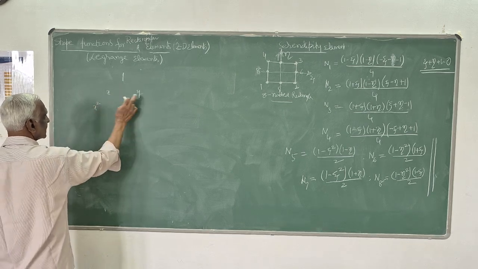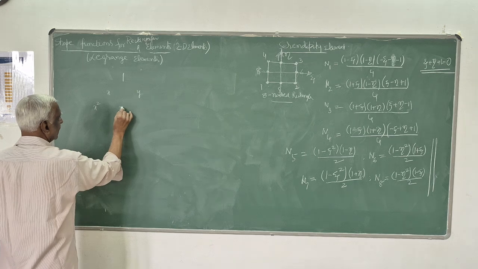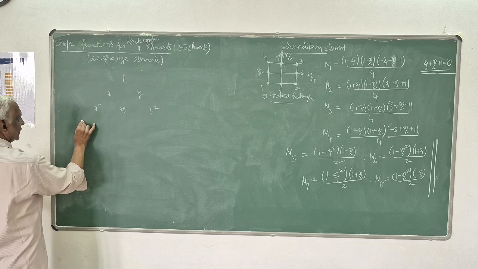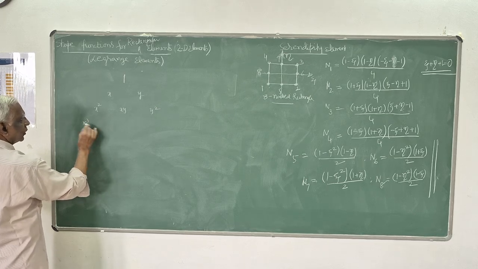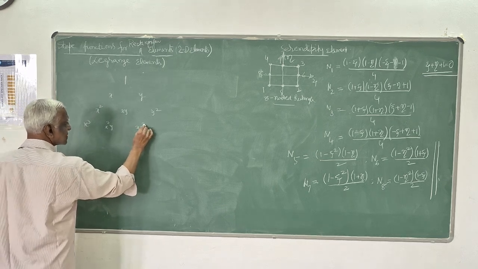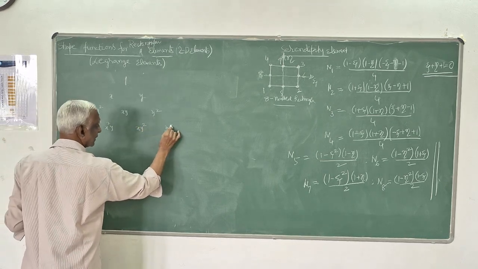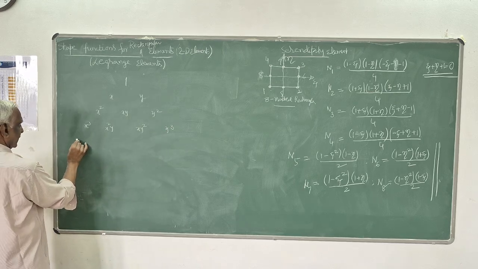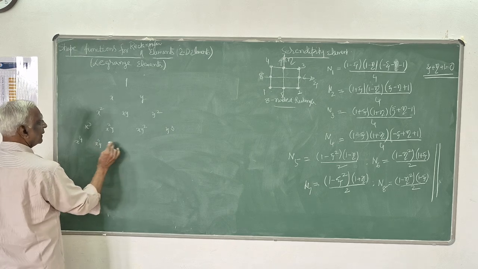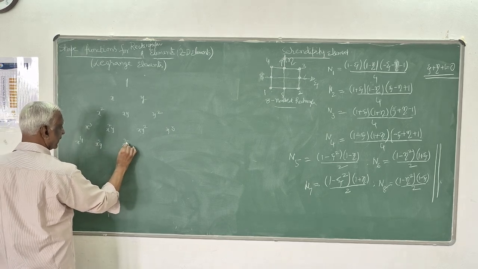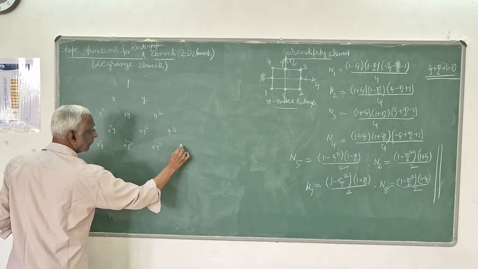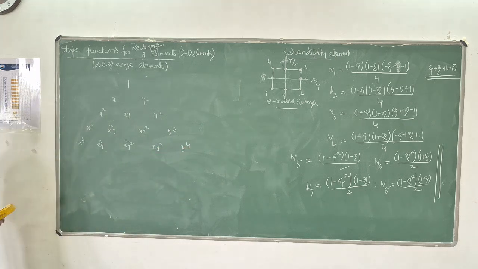Here 1, x, y, x square, xy, y square, then you have x cube, x square y, x y square, then y cube, then x4, x cube y, x square y square, x y cube, y to the power of 4.